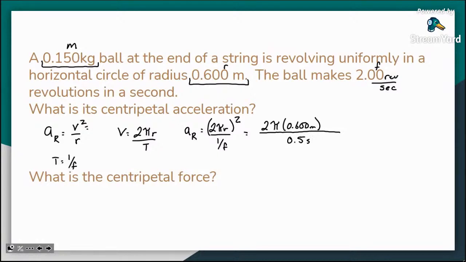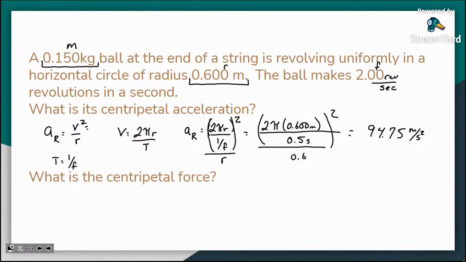This is squared, and I still have to divide by that radius. I knew something looked a little bit off. So my radius is 0.6, and again all of this gets squared. When I plug that into the calculator, I find a centripetal acceleration of 94.75, and it comes out as meters per second squared.